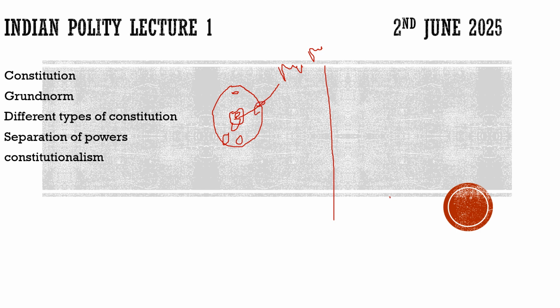So there were different states, and they were ruled, in our layman's language, by different executives who were elected by the people.